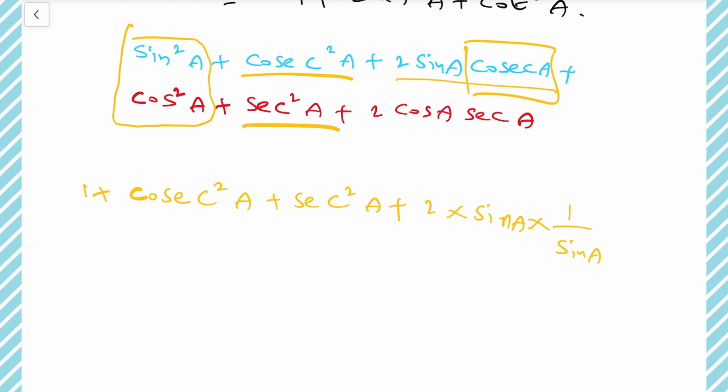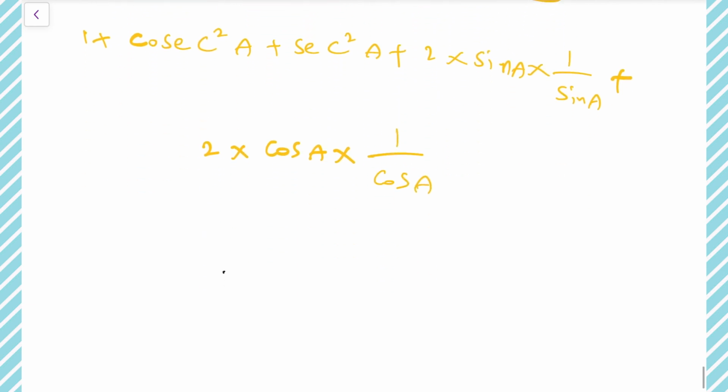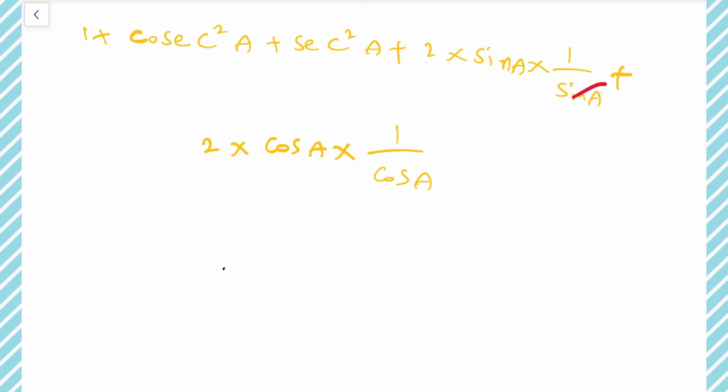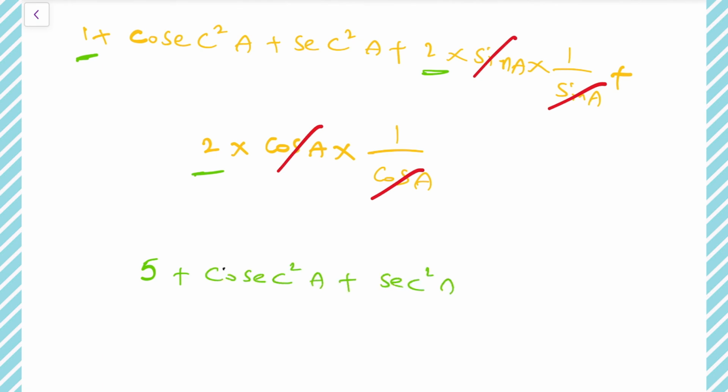Then plus again 2 as it is into cos A as it is into secant A, I am writing it as 1 by cos A because cos and secant are reciprocals of each other. So now if we observe, sin A will cancel, cos A will also get cancelled. So finally we remain with 2, 2 and 1. 2 plus 2 plus 1, 5, plus cosec square A plus sec square A.